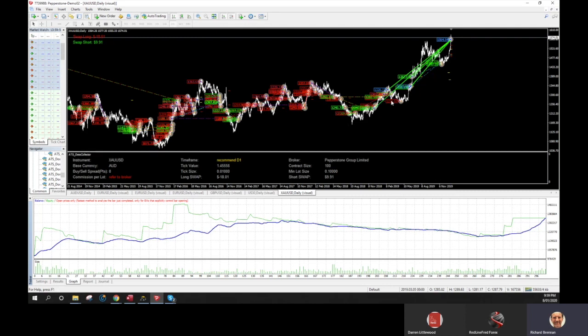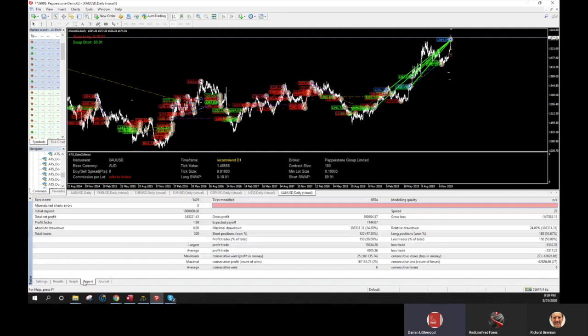So, yeah. And it goes quite a long way to explain why these single solution EAs tend to always fail, because this is an element that they rarely include. Would you agree? Absolutely. A single solution, well, you can't really beat what we're doing here. You couldn't apply this technique as a discretionary trader. This is fully systematic, and we couldn't manage this in a discretionary way if we tried.